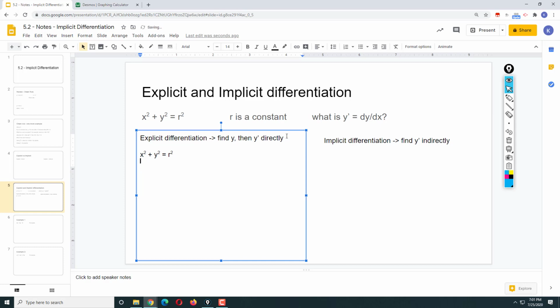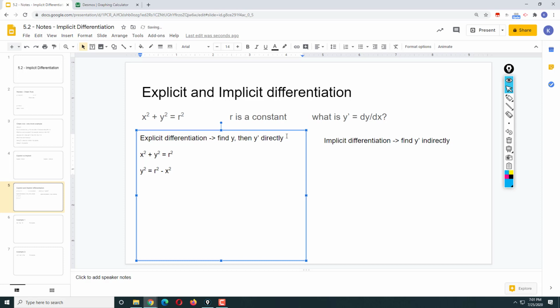I'm going to subtract x squared from both sides, and I end up with y squared equals r squared minus x squared.